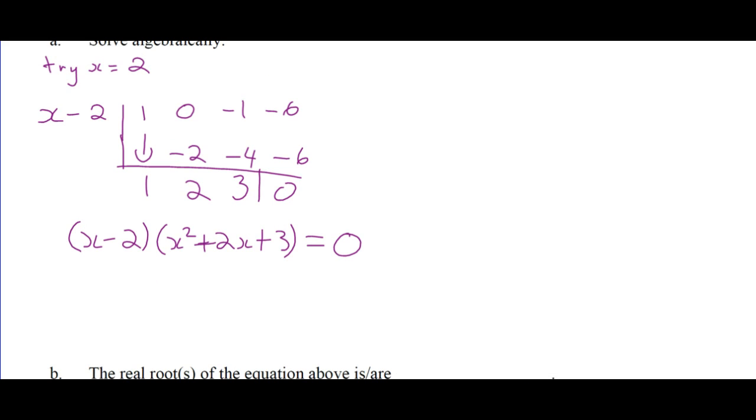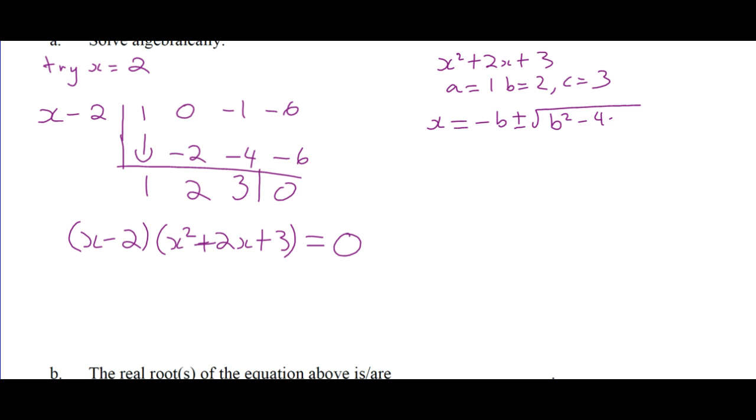All right, so let's go over here. So we have x squared plus 2x plus 3. So a is 1, b is 2, c is 3. So it's as easy as 1, 2, 3. And we just got to fill in the numbers.